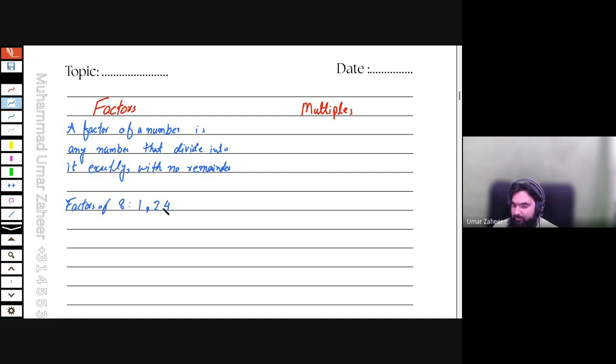It is divisible by 4. And then it is divisible by 8. So 1, 2, 4, 8 are those numbers by which 8 is exactly divisible. So these are the factors of the number. Any number that divides into it exactly is known as a factor of the number.